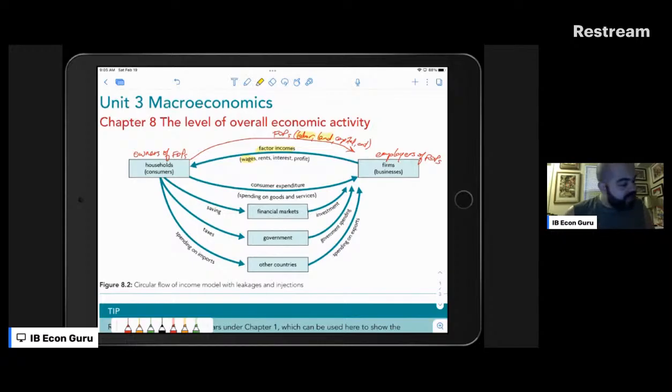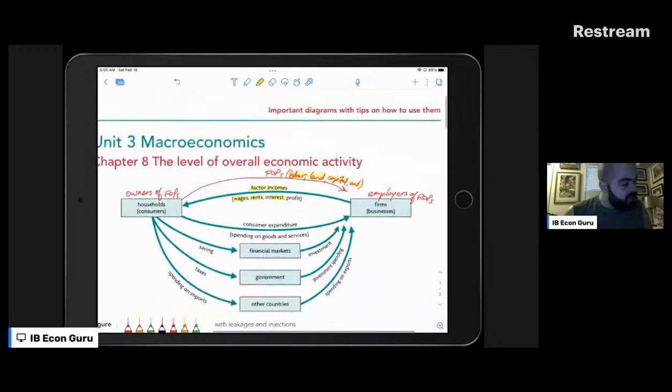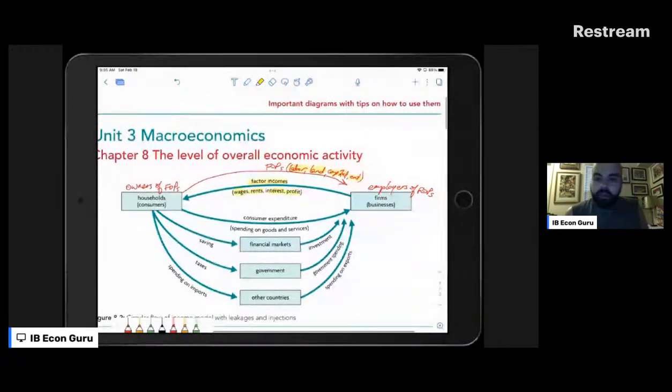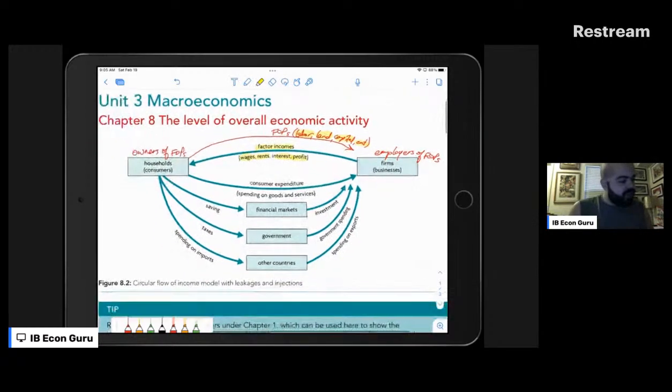The owners of land receive rents. The owners of capital receive interest. And the owners of enterprise receive profit. This is the first flow, the factor flow: factors of production flowing from the household sector to the business sector, and in return, they get the factor incomes.